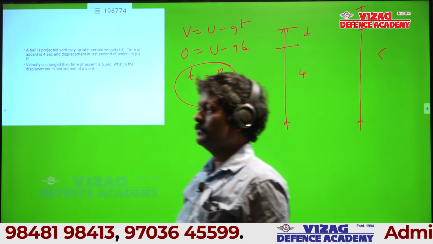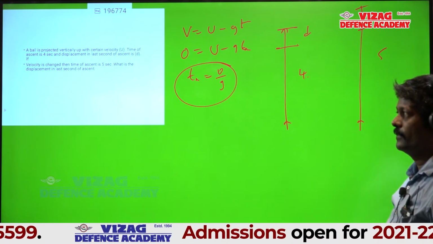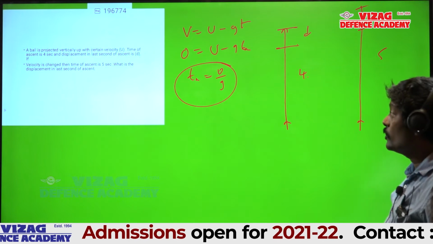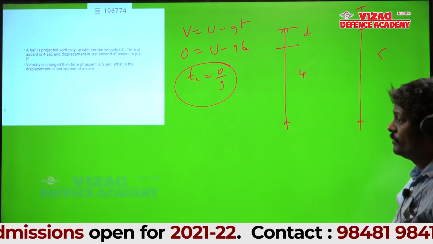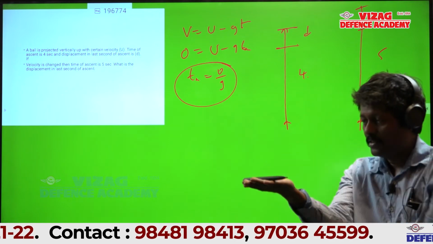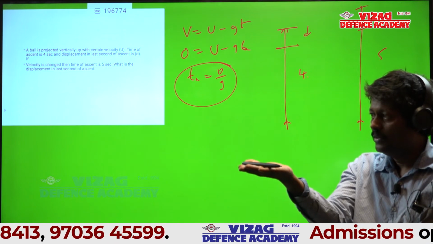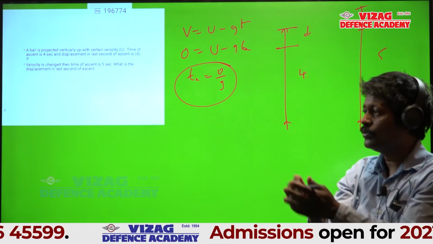Bhumaitri, tell me. S last is equal to g into n minus half. What about u? u is 0, sir? How is u 0? Can I tell this pen to go up? No, I have to throw. u is not 0.